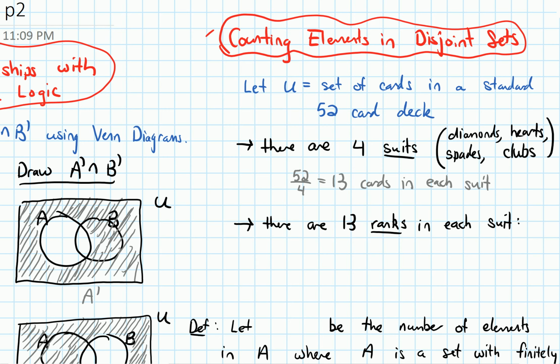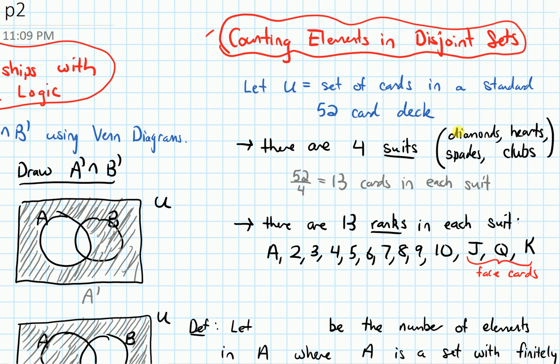And the ranks are A, or that's sometimes called an ace, a 2, a 3, 4, 5, 6, 7, 8, 9, 10. And then there's a jack, which I'll label as J, a queen, which I'll label as Q, and a king, which I'll label with a K. And the jack, the queen, and the king, these are called the face cards.